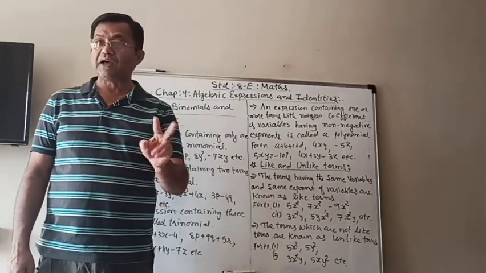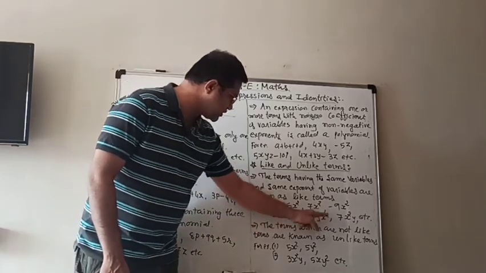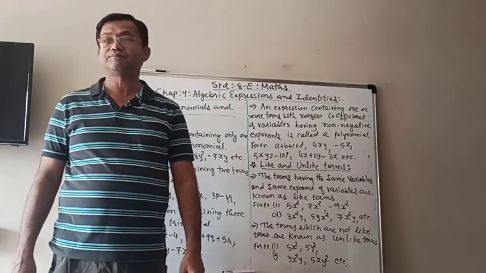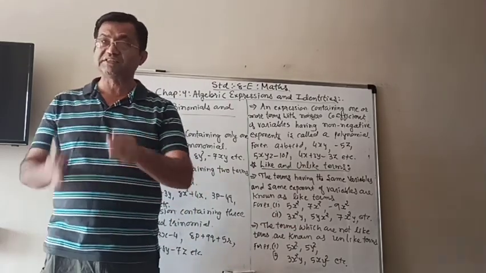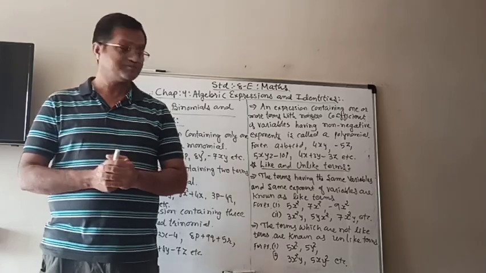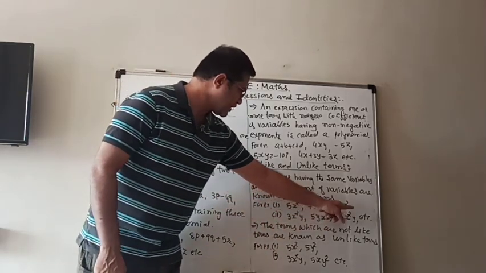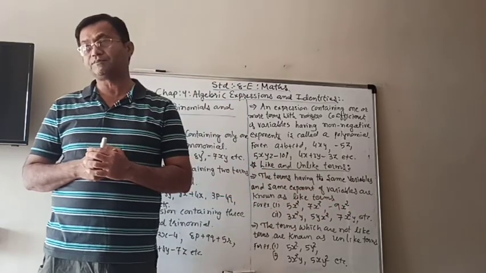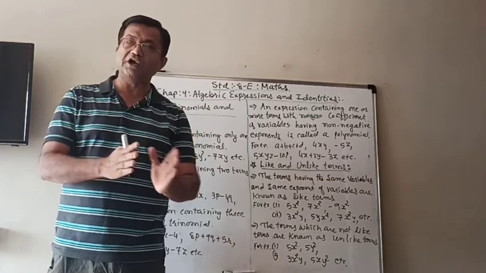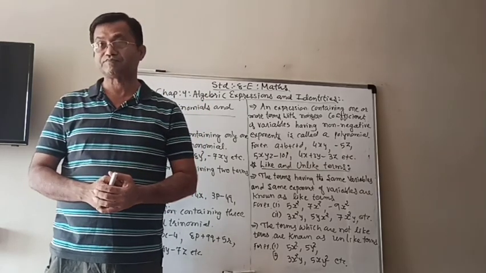Here I just changed the order. x square and x square are there, y and y are there. It doesn't matter that the order is changed, they are like terms. And 7x square y also has x square, and y with only one power. So all these terms are also like terms.